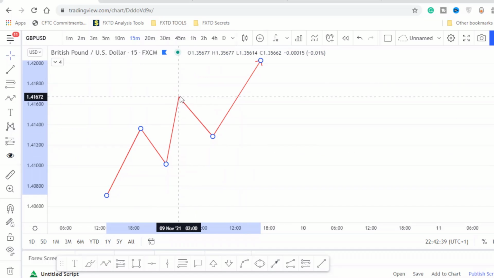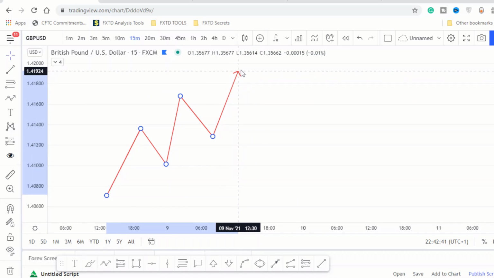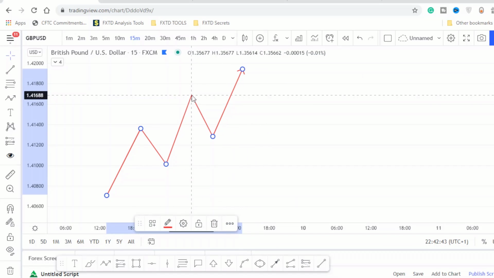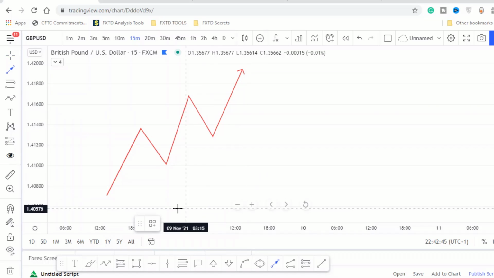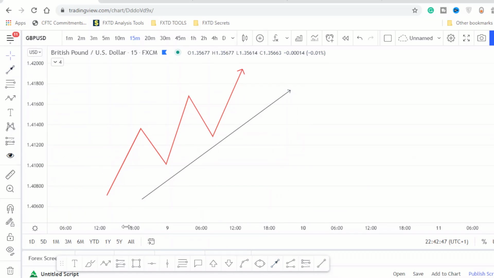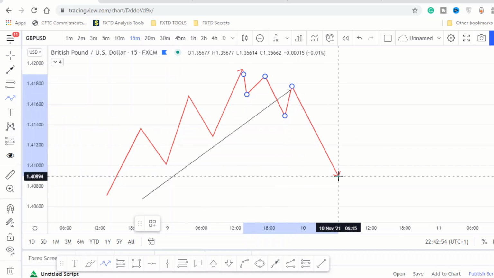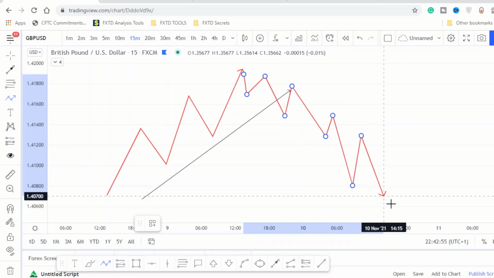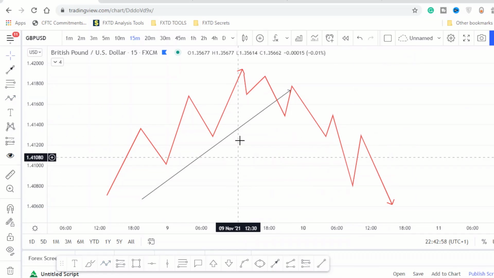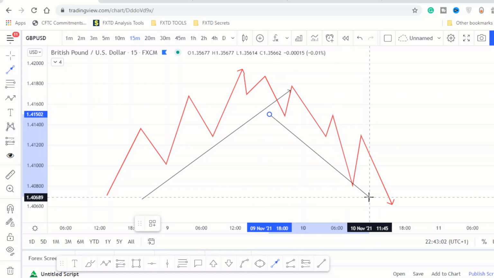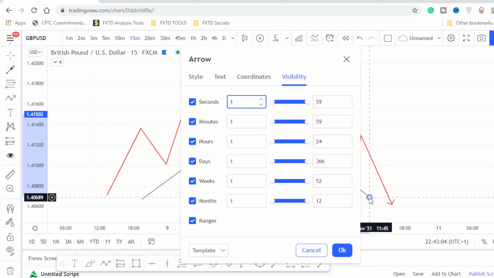So whenever you see something like this, what does that symbolize? What does that tell you? It tells you that this is an uptrend, right? And you're also going to see something like this, and what does this tell you? This simply tells us that we are now in a bearish market.